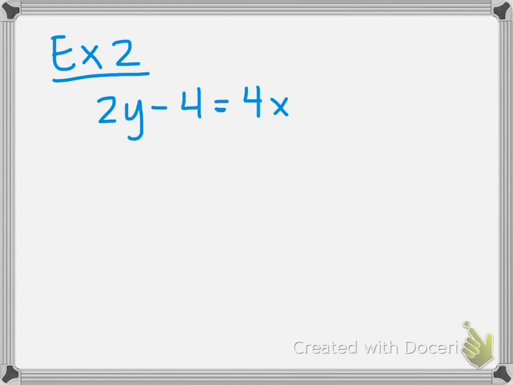So that's the relationship of y equals mx plus b. Okay, example 2, 2y minus 4 equals 4x. If you notice, it's not in the y equals mx plus b form. So we need to change it so that it looks like y equals mx plus b. Alright, so to do that, first we're going to take the subtract 4 and add 4 to the other side.